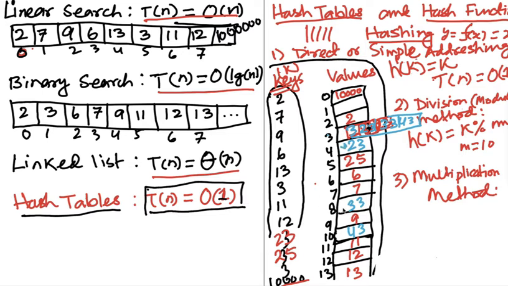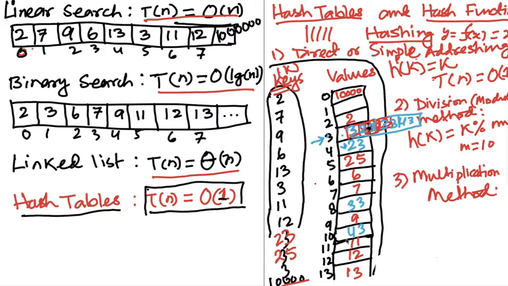Then 33 was supposed to be in position 3, but since this is occupied, this is occupied, and this place was free, we step down here. So one to jump here to 3, then 2, 3, 4, 5, 6. So for 33 the probe is 3, and for 23 the probe is 2.